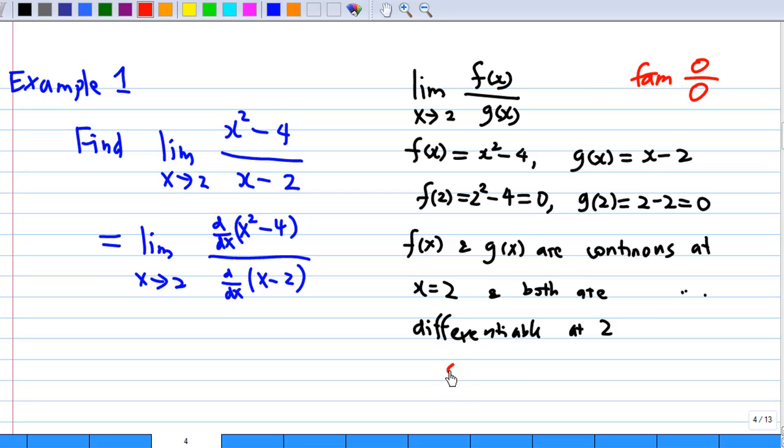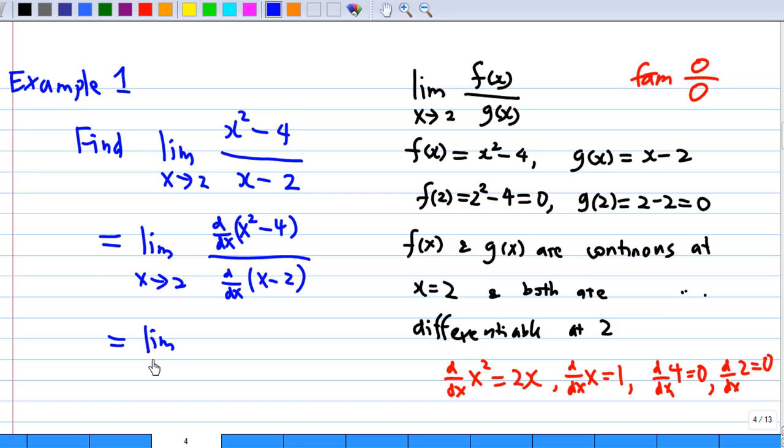By using the power rule, differentiating x to the power 2, we get 2x, and the derivative of x is 1. The derivative of a constant like 4 is 0. The derivative of 2 is also 0. So the answer will be the limit as x goes to 2 of 2x over 1. And when x approaches 2, the limit is 4.